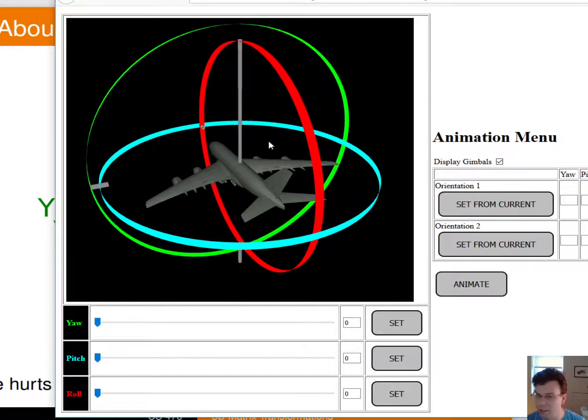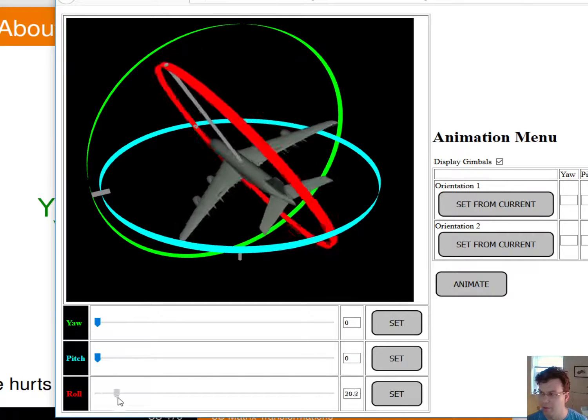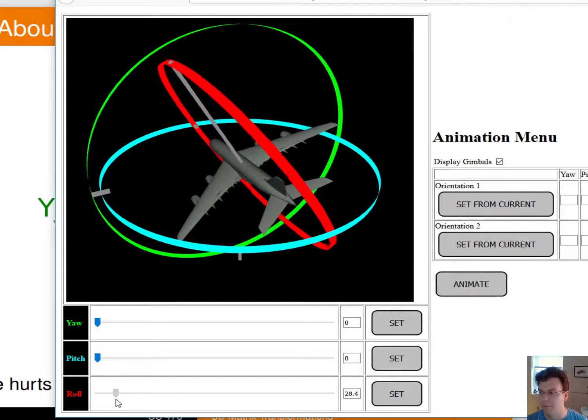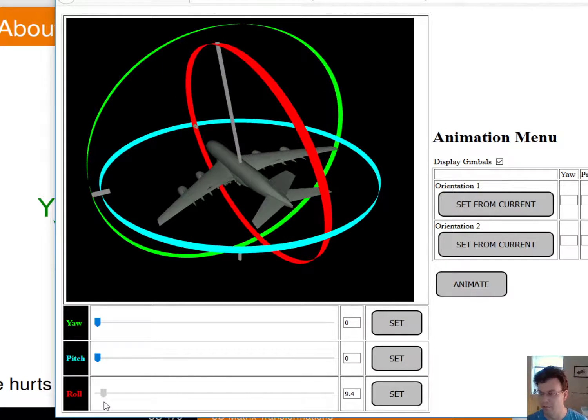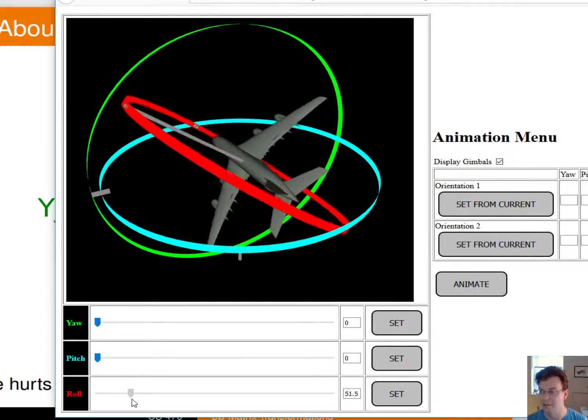And you can also realize this with a system of what is known as gimbals. So here, what I do is I first rotate around, if I'm sticking with the coordinate system I had before, the z-axis.